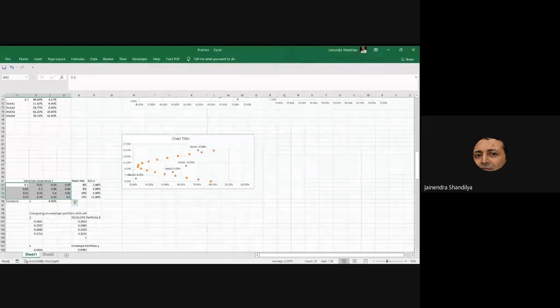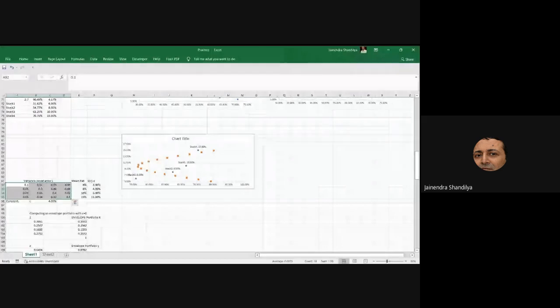Because this is 4 into 4, it's very easy. If it was 10 into 10, you would need to multiply this with a row vector and matrix and get the answer. But the simplest answer is that if I sum this, this, this, and this, that becomes my global minimum variance portfolio.